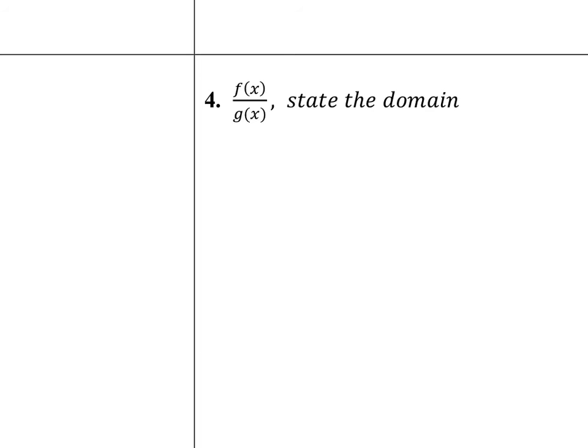Number 4. We're simply going to plug things in. 5x minus 2 over 3x plus 8. Now you need to simplify this, if you can simplify it, and you need to state the domain, which is actually going to be a bonus.